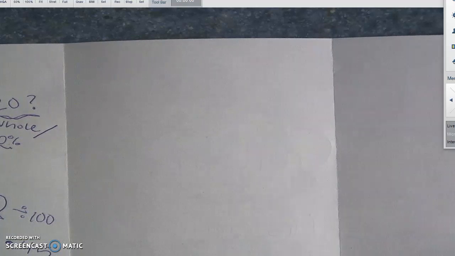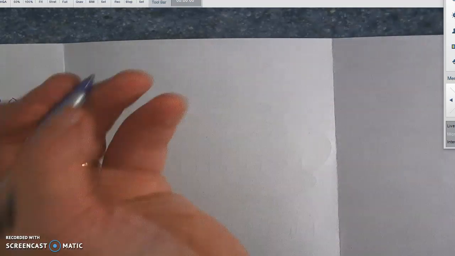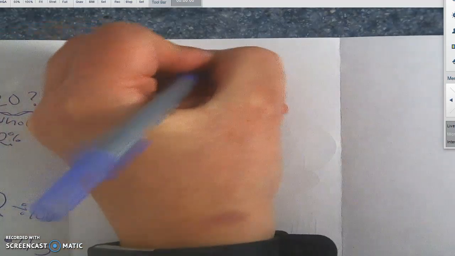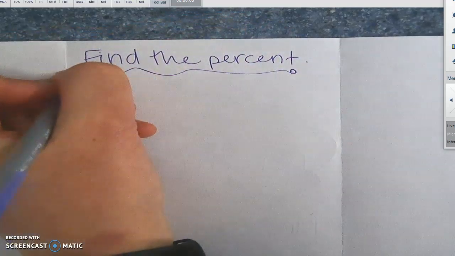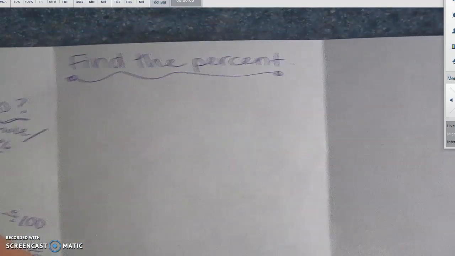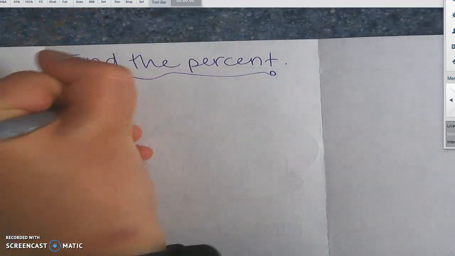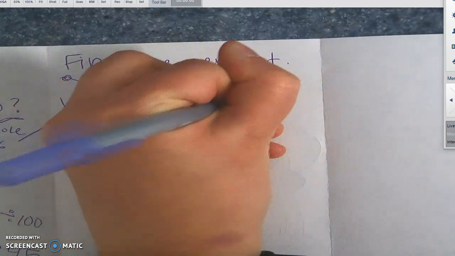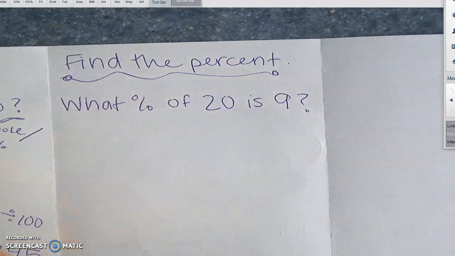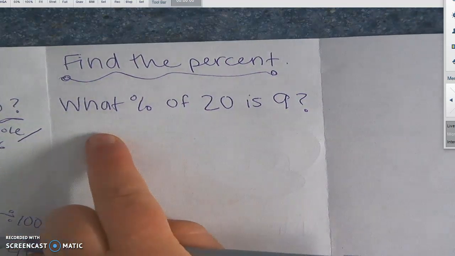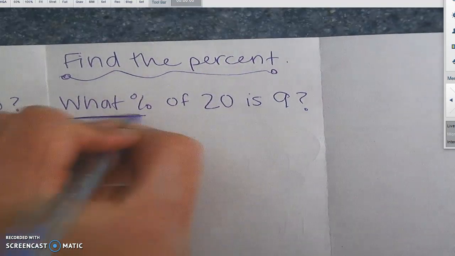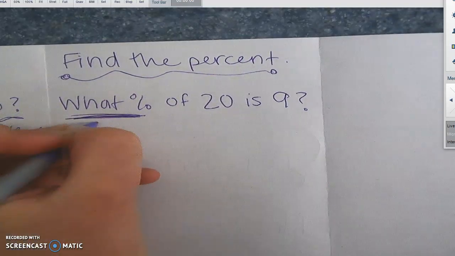Then the next thing that might be missing would be the percent. Find the percent. An example of this question would be, what percent of 20 is 9? What percent? There is no number with that, so I know immediately that I'm missing my percent. So I'm going to underline that and label that it's my percent.